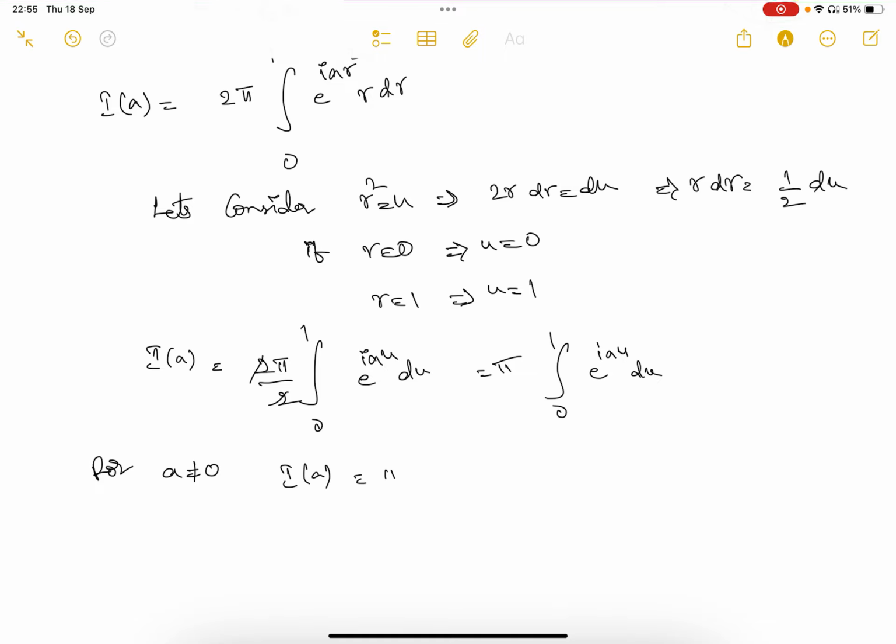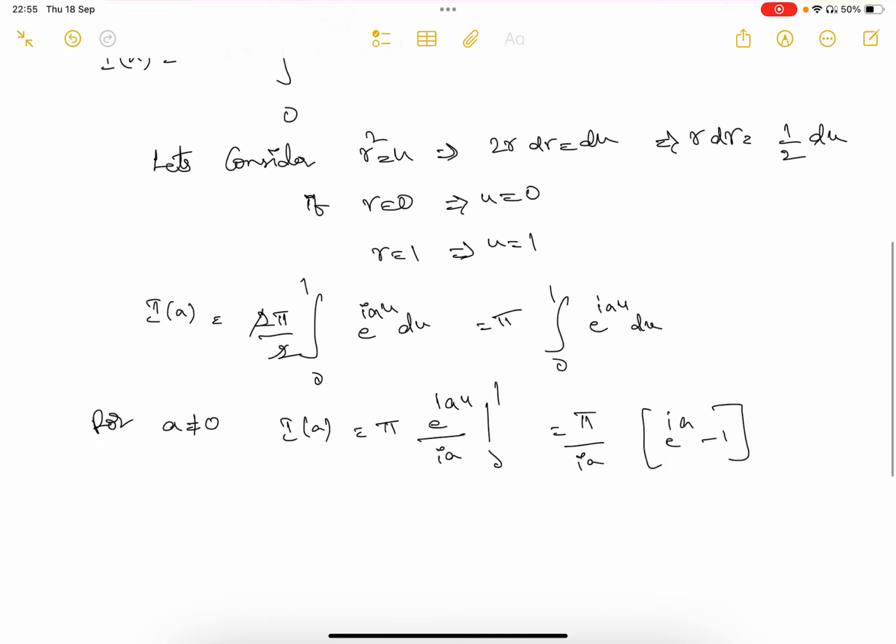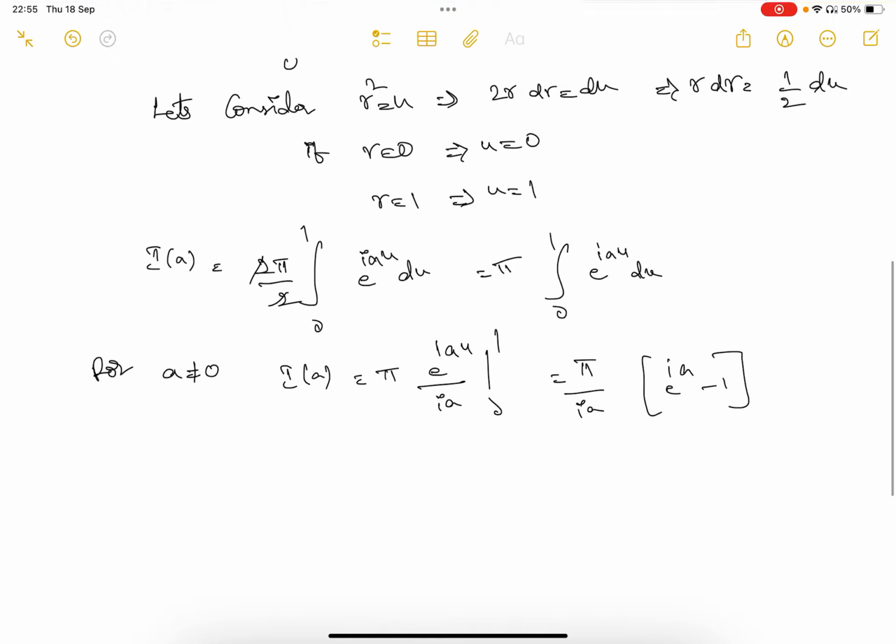It will be I of a equal to pi into e power iau by ia, and the integration limits are 0 to 1. Then this is pi by ia into e power ia minus e power 0, which is 1. That is, I of a is pi into e power ia minus 1 by ia for a not equal to 0.